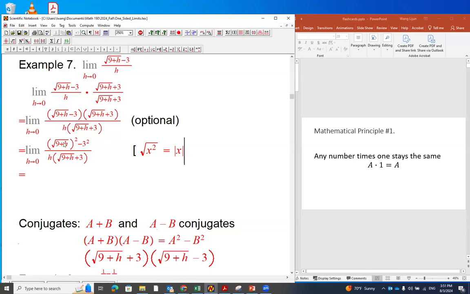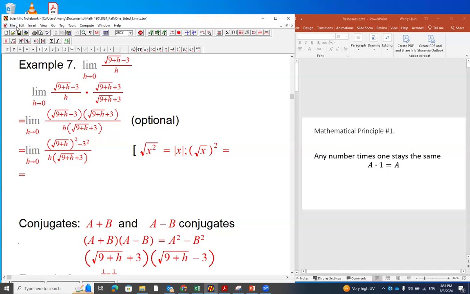The square is inside. So this piece actually does not apply here. And we have another one, where the square is outside.